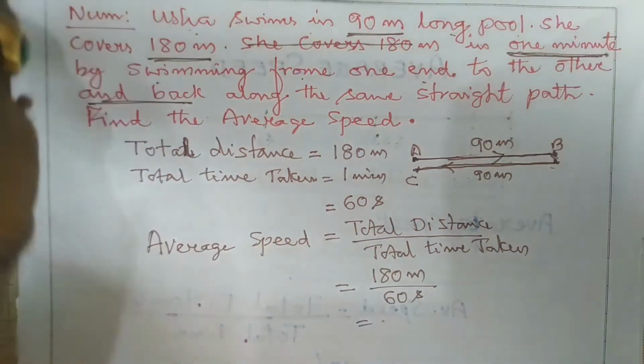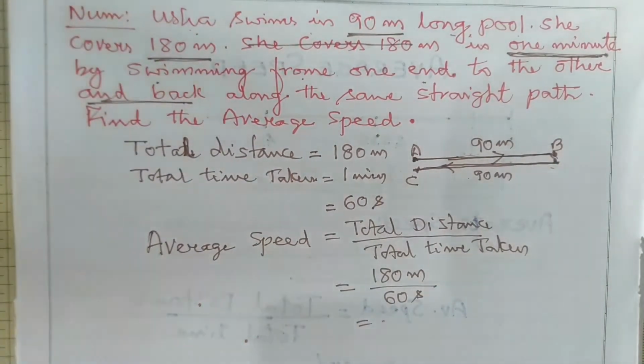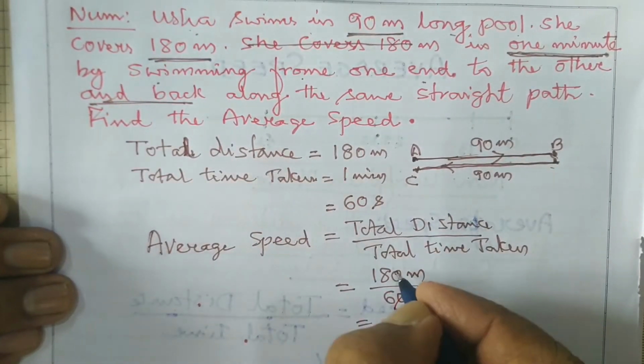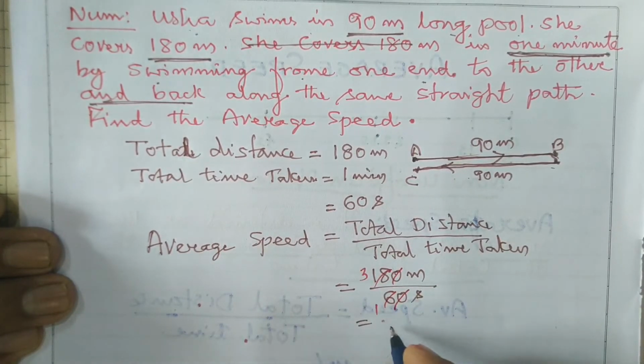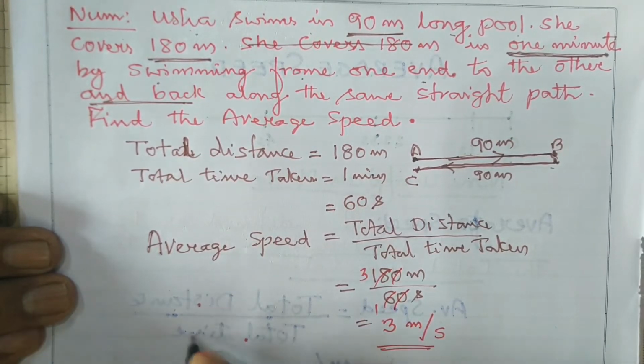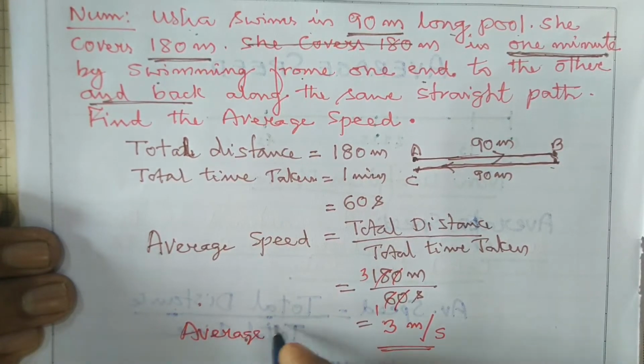Now if you see, you will find out that cancellation possibility is there. 0 gets cancelled, 6 ones are 6, 6 threes are 18. So finally what is coming here? 3 meter per second. This is what is called average speed.